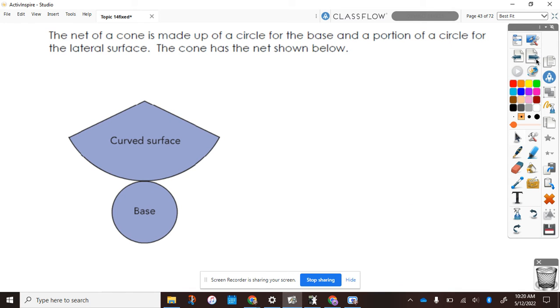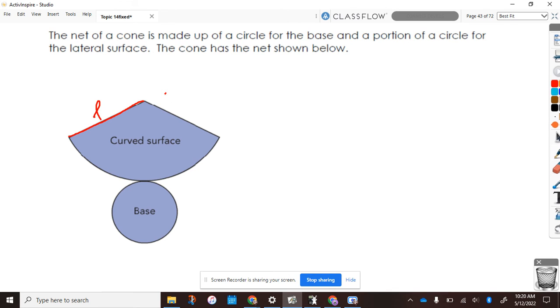The net of a cone ends up being, if you were to slice a cone down its slant height and unroll it and unfold it all out, the circular base and the curved lateral surface flattened out like there. It ends up being part of a circle, like a wedge of a circle. This length right here ends up being the slant height. The radius of that piece of circle is the slant height, and you'll see later on that is what plays into the formula for surface area on a cone.